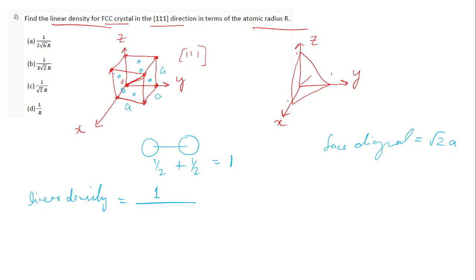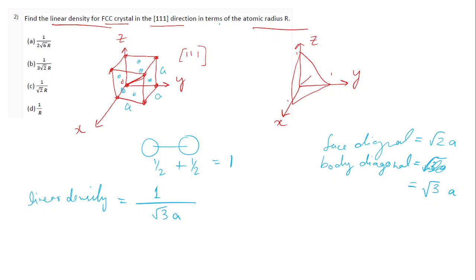The face diagonal is root 2a, whereas the body diagonal is root 3a. This derivation I had also shown you last time, so if you have doubt, please go back to that lecture and see. Here we are talking about the body diagonal, so I'll write root 3a.